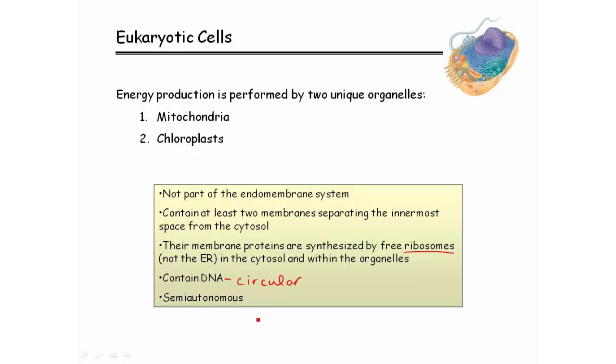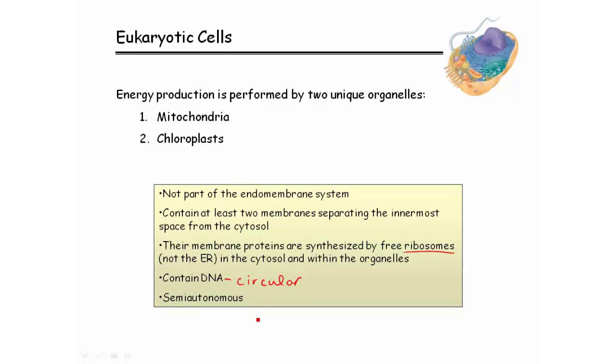So we call them semi-autonomous because they've got some of their own DNA, they've got some of their own little protein factories inside, so they do a lot of their own stuff. And at the same time, they will replicate or copy themselves independently of the rest of the cell. So if the cell requires more mitochondria, the mitochondria will produce more. So they do not have to coordinate that with the replication of the rest of the cell.